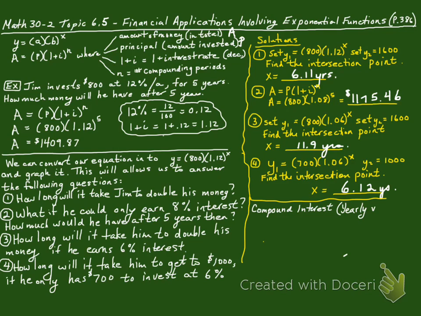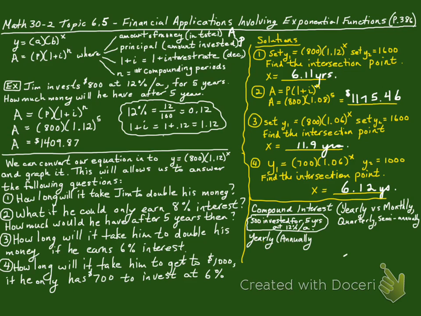Now we're going to look at compound interest, how we're going to set it up yearly versus monthly versus quarterly versus semi-annually. They're all going to be different. For yearly or annually, if we have $500 invested for 5 years at 12%, our equation is going to look as follows: 500 times 1.12 to the power of 5.